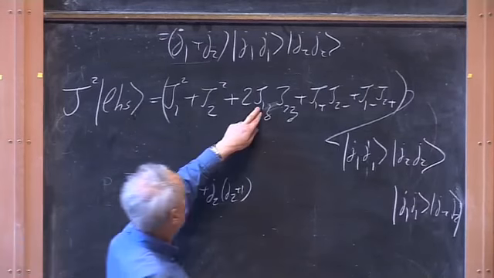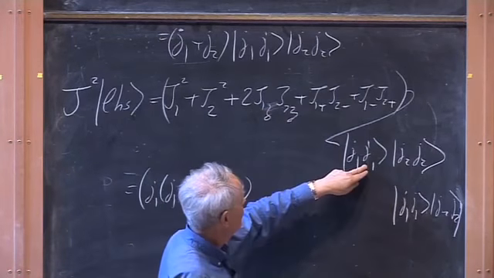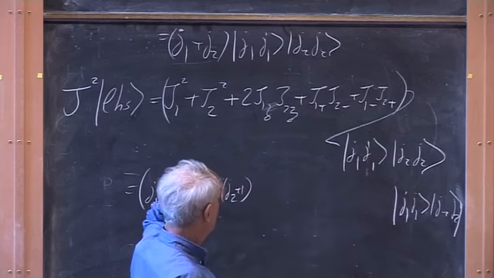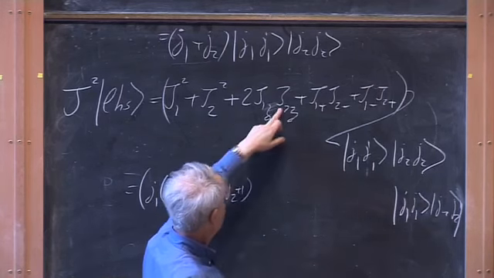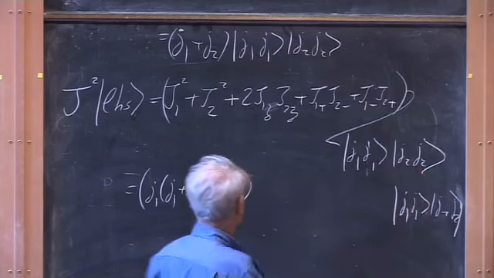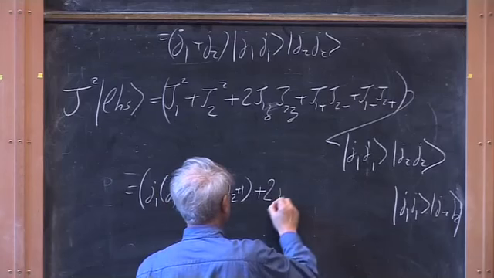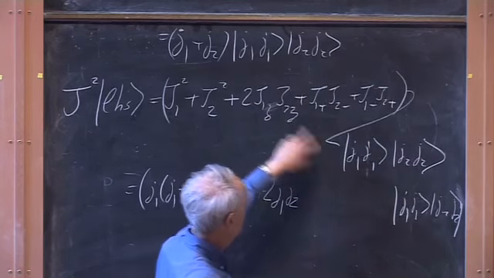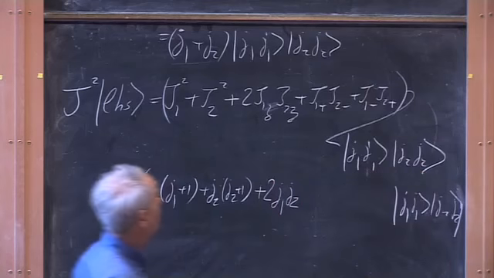Then j1z looks at this and produces a j1 times this. And j2z looks at this and produces a j2 times this. So now we have a plus 2 j1 j2. And that's the action of this operator on this product.